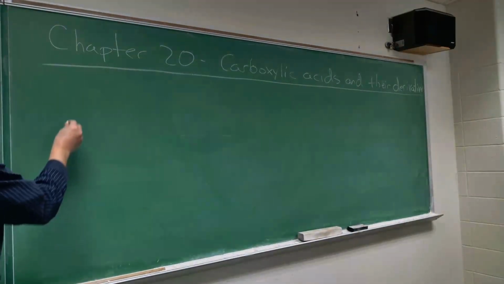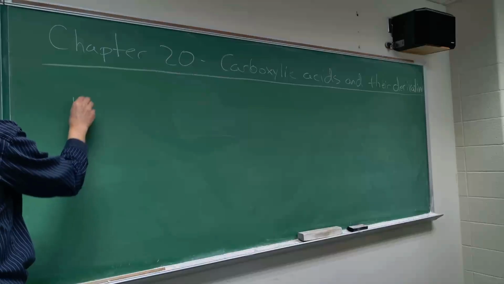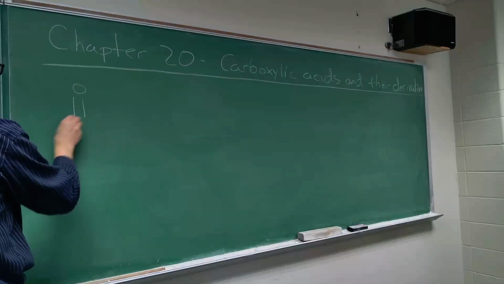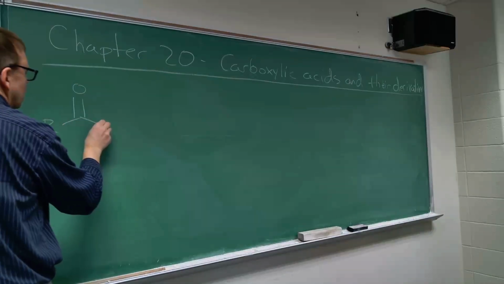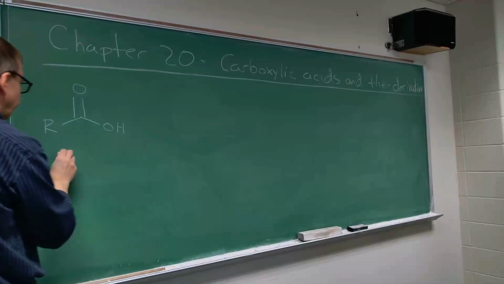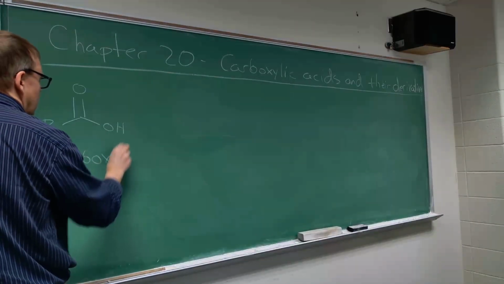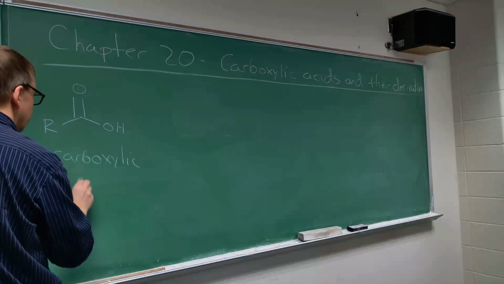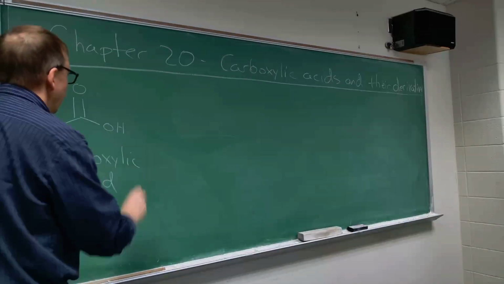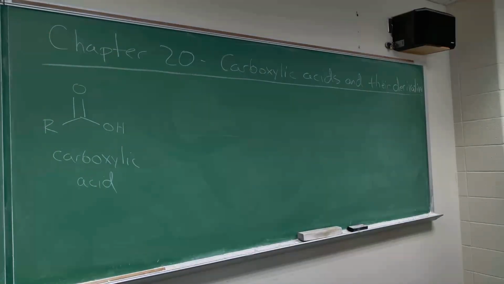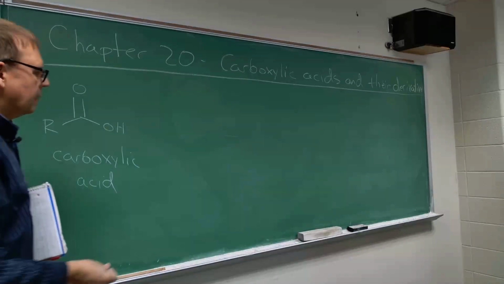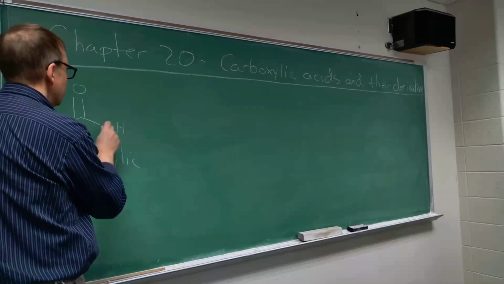So first of all, there is the carboxylic acid, which is kind of like the parent of the class. And all of the members of the class are related to carboxylic acid. Carboxylic acid has an OH group here.